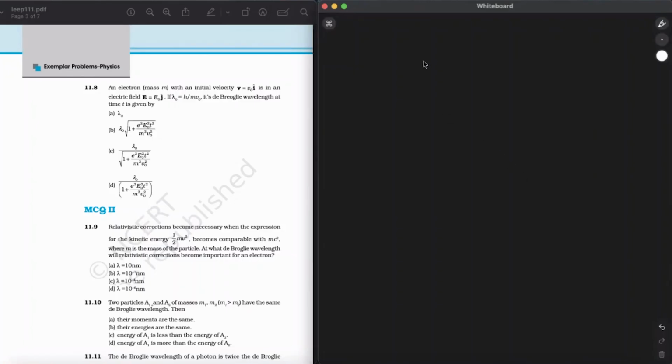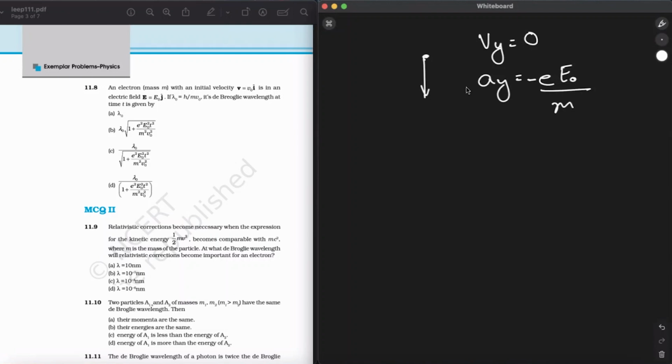Now we have to consider along the y direction. Along y, initial velocity vy is equal to 0, but acceleration along y is there, equal to eE naught upon m with a minus, because this is minus j.